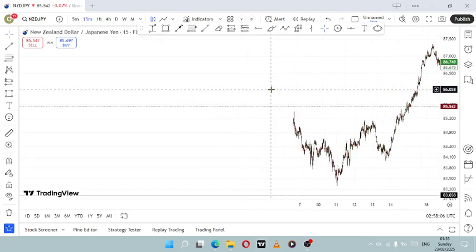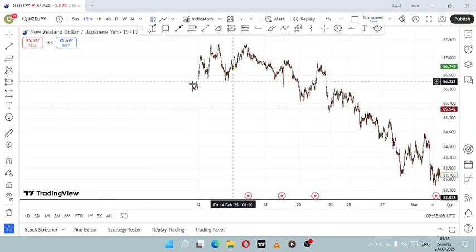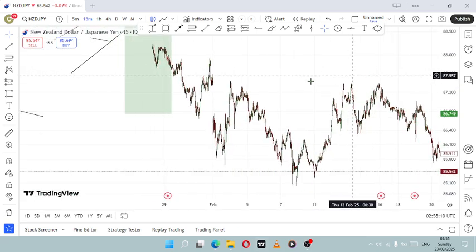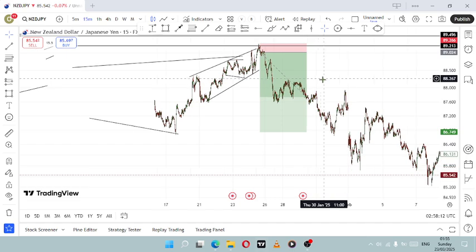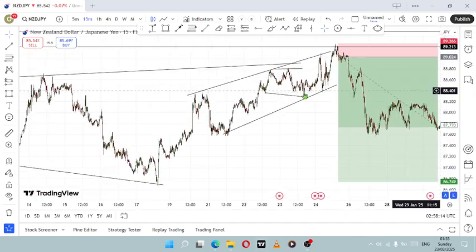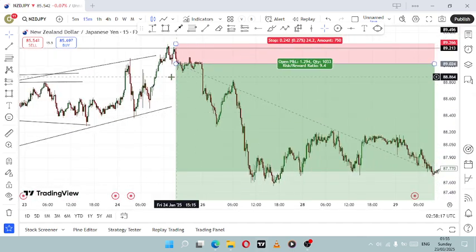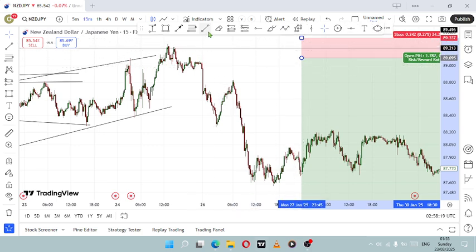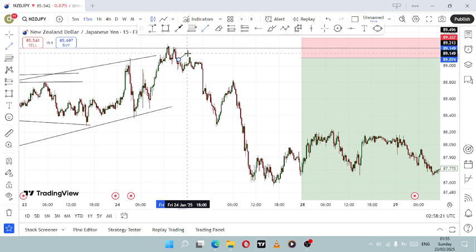If it is 1 hour unstructured, how am I going to refine it? So on a 1 hour unstructured, it's now 15 minutes structured, where this volume was built.